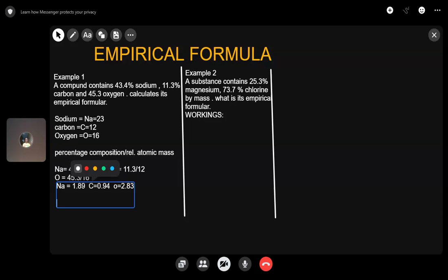Now we're going to divide each of these elements by the one that has the smallest value. Carbon has the smallest value, so we will divide all by 0.94.